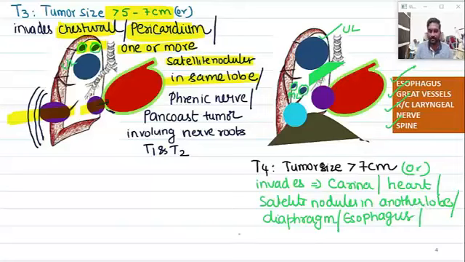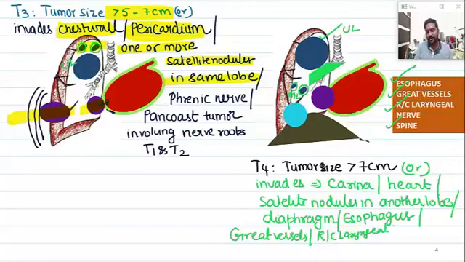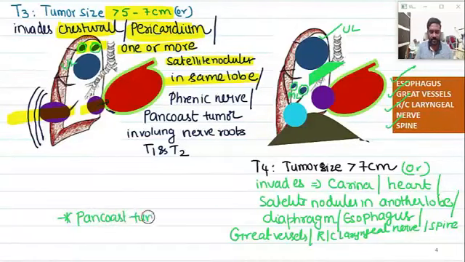And with respect to Pancoast tumor, a Pancoast tumor involving nerve roots T1 and T2 was put under T3.